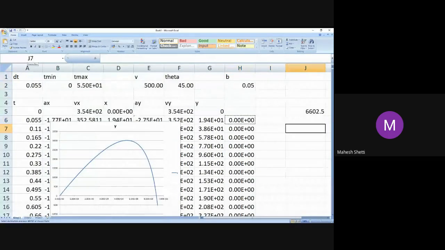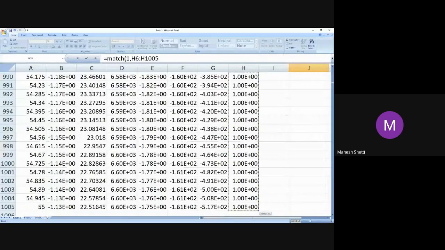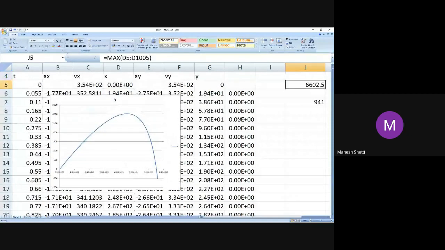And here you may use that match 0, no, match 1 into this array and exact match. So it gives me at 941, this is going to happen.